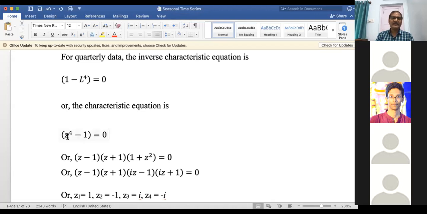The value of Z is the value of the characteristic root. So in that case, you have only one characteristic root, and if the value of the characteristic root is equal to 1, then we can say the annual series contains a unit root in the case of AR1.